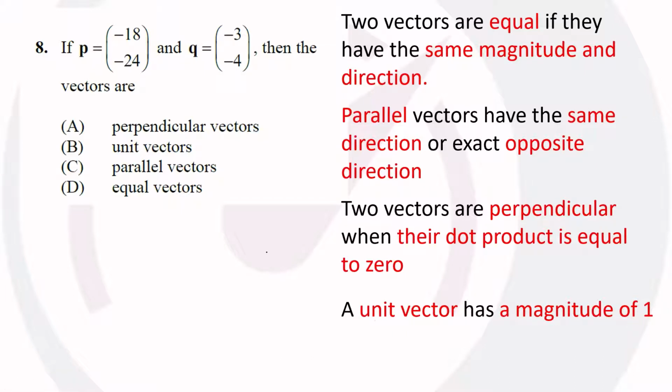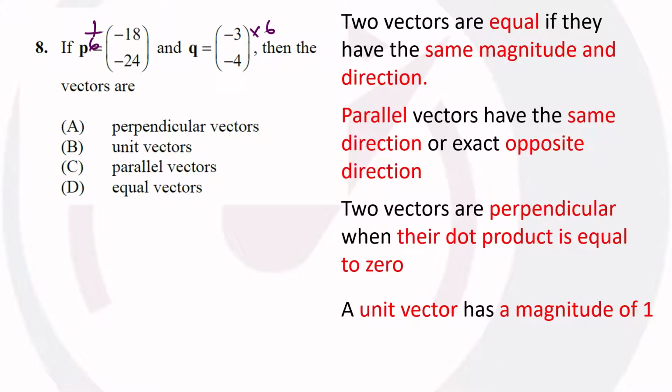Anyway, which one fits? Do they have a scalar relationship? If you're comfortable with your times tables, you will realize that if you multiply this by 6, you get back (-18, -24). That means if I multiply this by 1 over 6, I get (-3, -4).